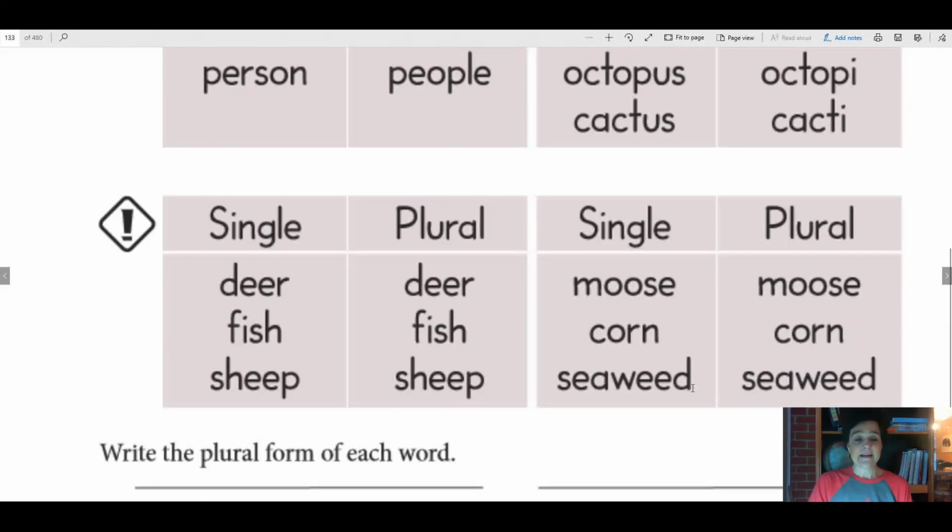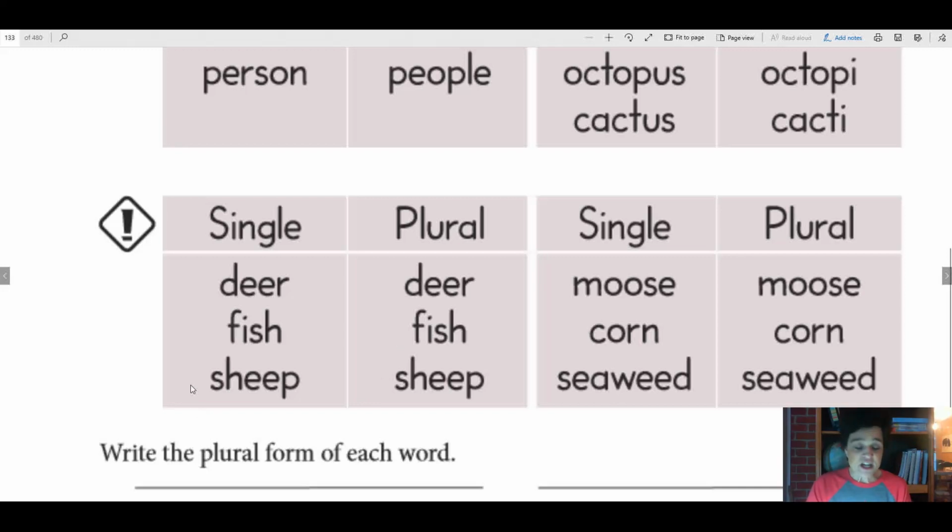Okay? Now down here, these are words that never change no matter what. They're the same if they're singular or plural. Like you could see 1 deer or 10 deer. See, it doesn't change. You don't put an S on it. You don't put an ES on it. You don't change the word. It stays the same. What about one fish or many fish?